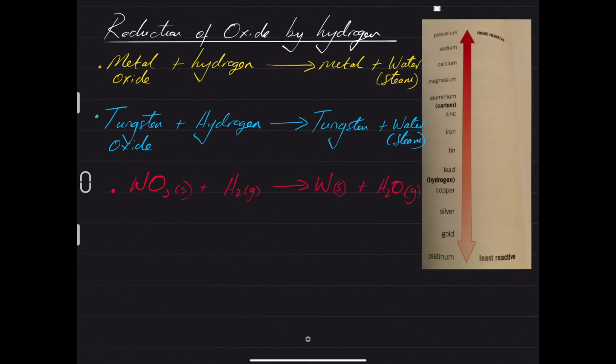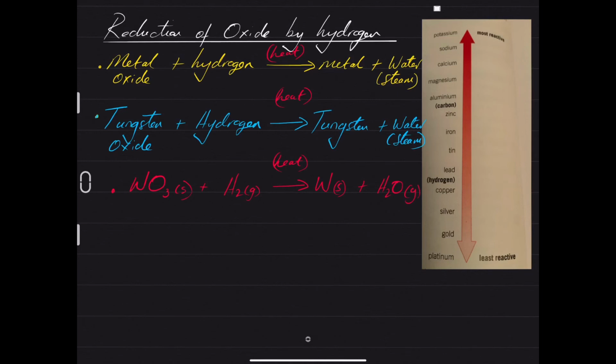Now, I've missed out one point on each of the three arrows. I just realized, so you should put heat. So we have heat here, heat at the top here, and heat. All of these reactions happen under the condition of heat. We need to heat the metal oxide with hydrogen to get our metal and our steam.